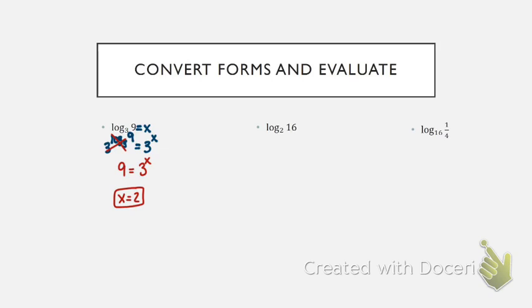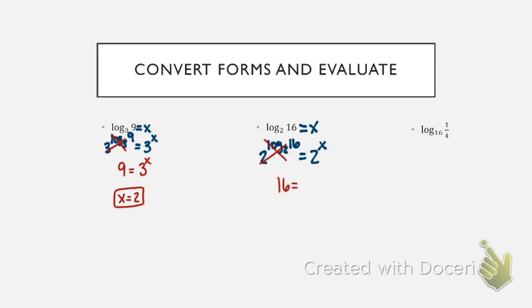So the second one, we're going to do the same thing. We're going to do equals x. And the base of the log here is 2. So the exponent base I'm going to choose is 2. And just like all the others, 2 and log 2 cancel out.